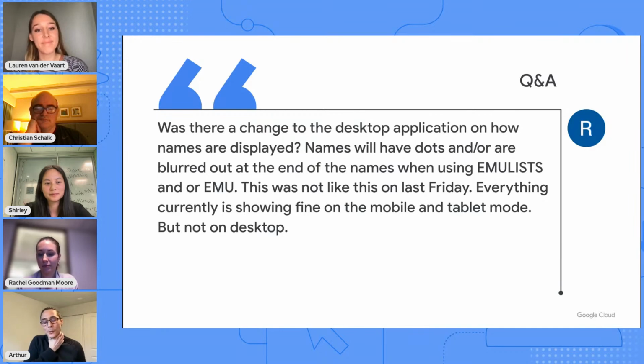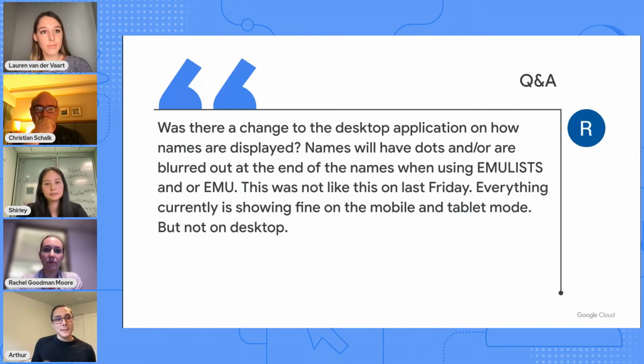Yeah, I'll take this one. So a little bit of context here. I think this user is talking about the new desktop UI that is currently only in preview and not generally available. So that means, first, we don't recommend you to use it in your production apps at the moment. As it's in preview, we're constantly making changes, making fixes.